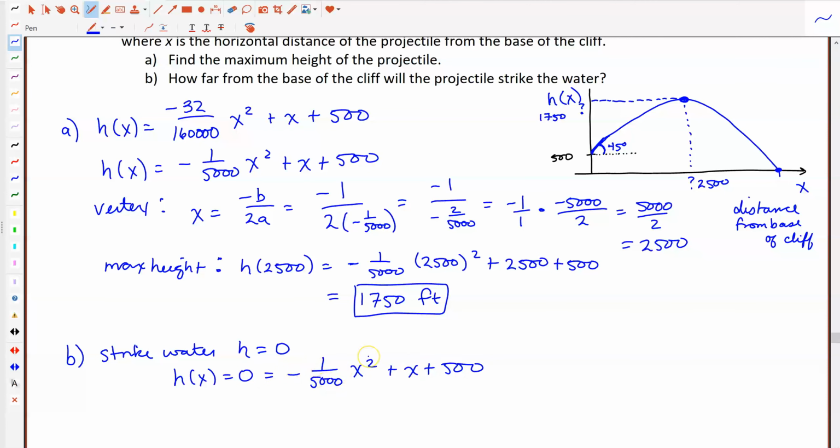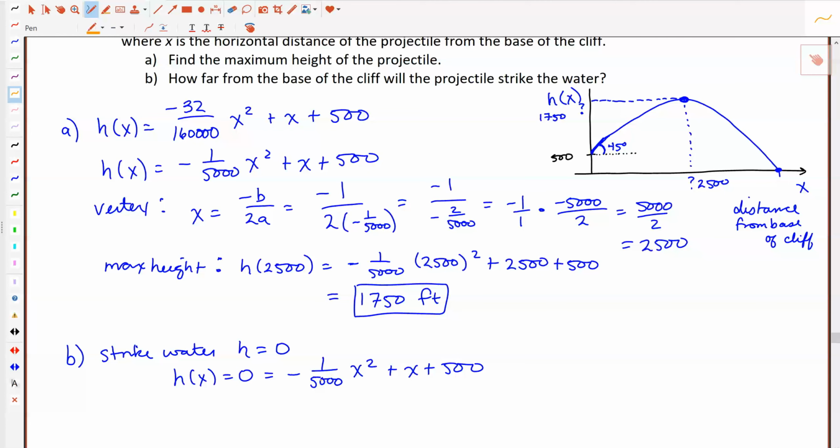Now, because of that fraction, even trying to factor something like this is not going to be that great, so I'm thinking we'll probably use the quadratic formula. So for the quadratic formula, you have to identify your a, b, and c. Notice that this is set equal to 0, so I'm good there. But for the quadratic formula, putting in that a value being negative 1 over 5,000 sometimes can make the calculations a little bit complicated.